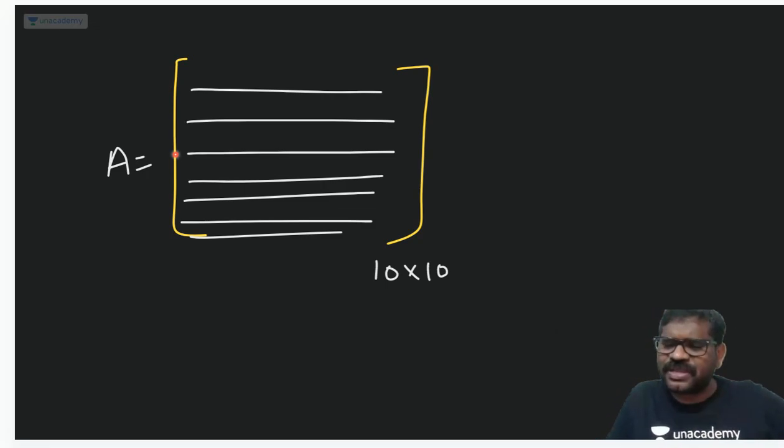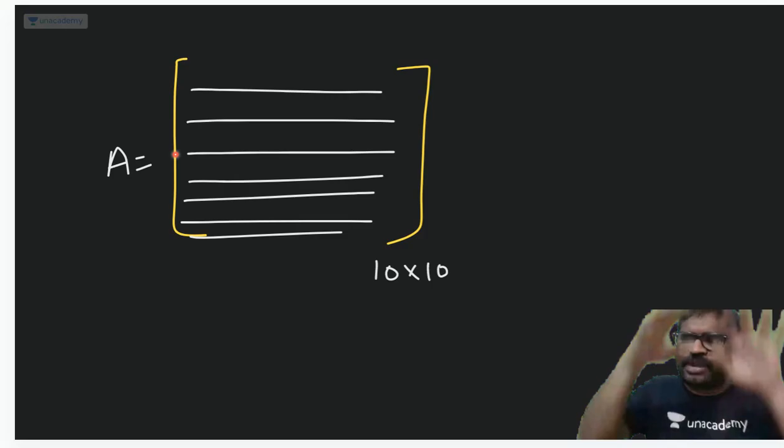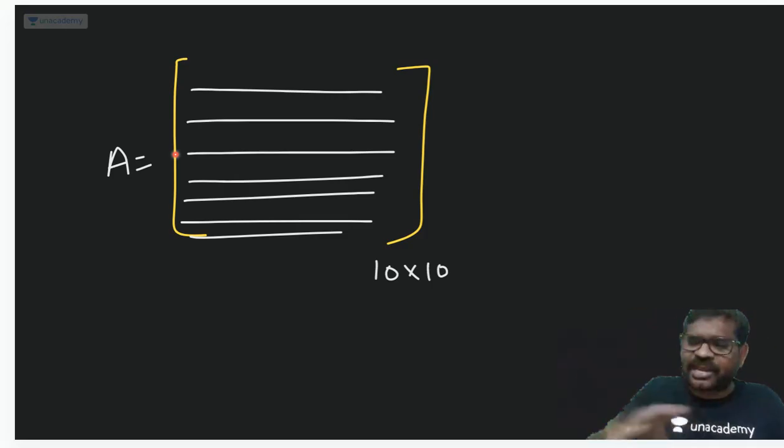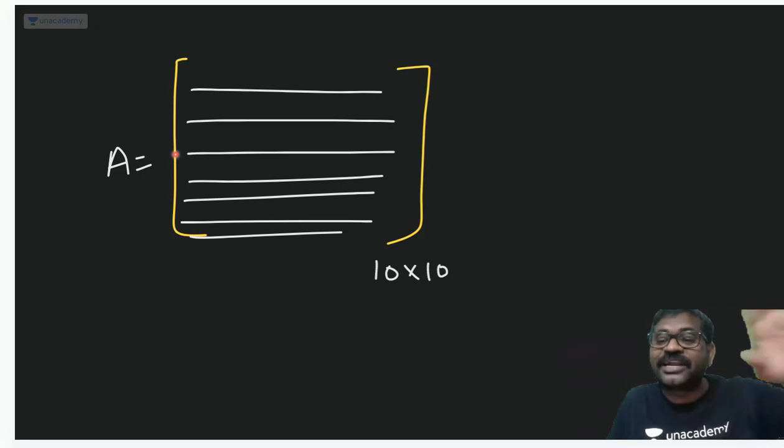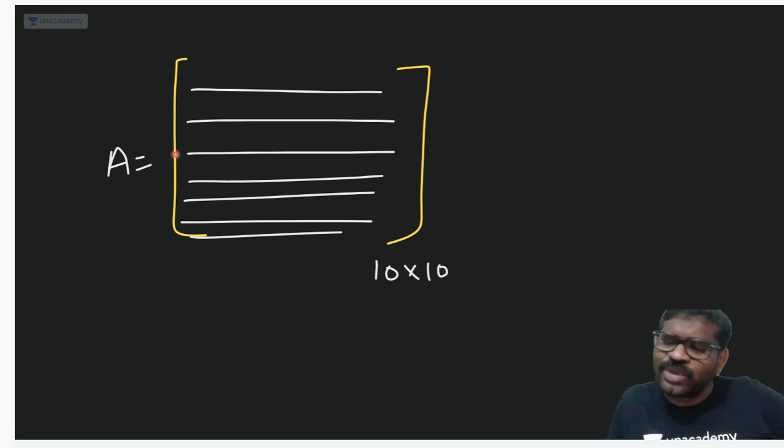Suppose I have given 10 vectors, you have arranged them in a matrix, reduced to echelon form, and you got rank 10. Sir, what does it mean? If rank is 10, you can understand that all the given 10 vectors are linearly independent. Sir, how can you say that?